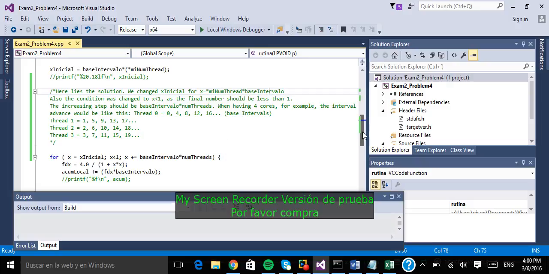We integrated from 0 to 1, and then we increase the step by the amount of the base interval multiplied by the number of threads.